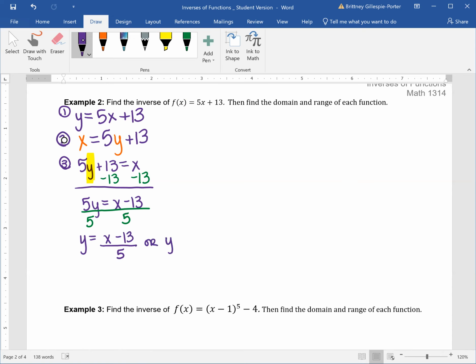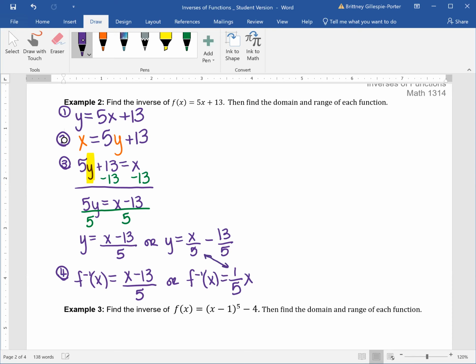Or you could do x over 5 minus 13 over 5. Either one is fine. But in the 4th step, you need to make sure that you replace y with the inverse notation. So you either need to have f inverse is equal to x minus 13 over 5, or f inverse is equal to 1/5 x, or x over 5.